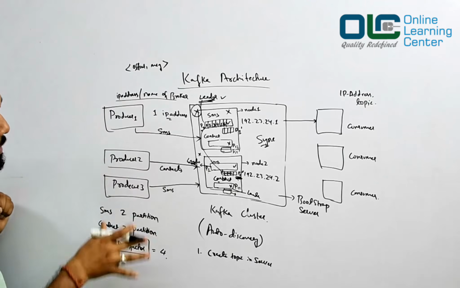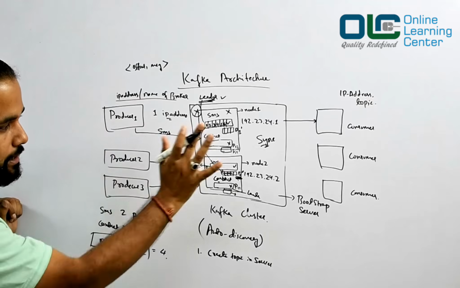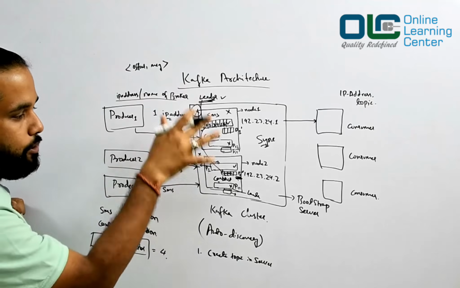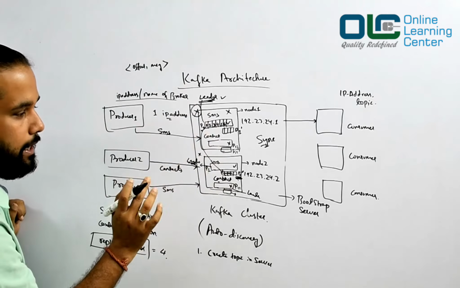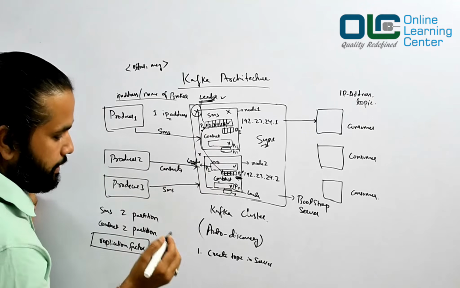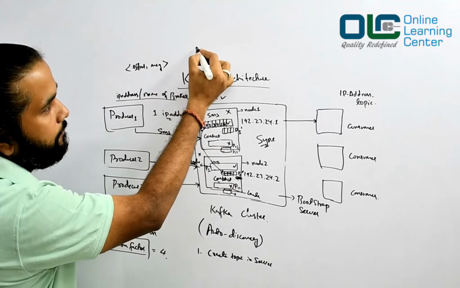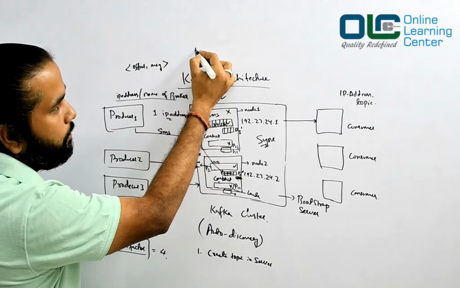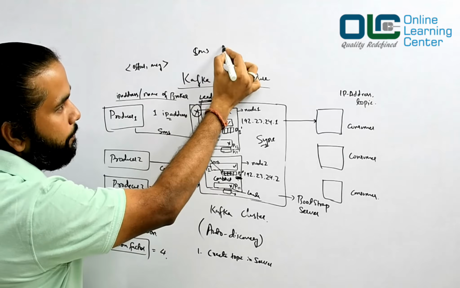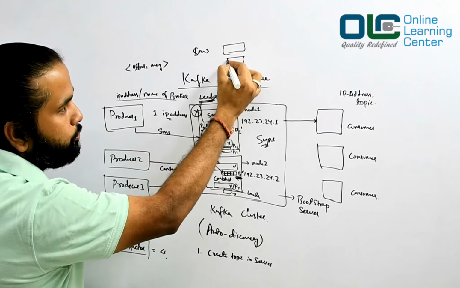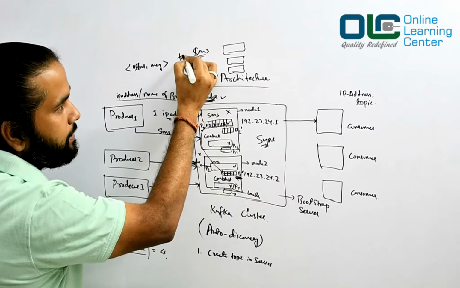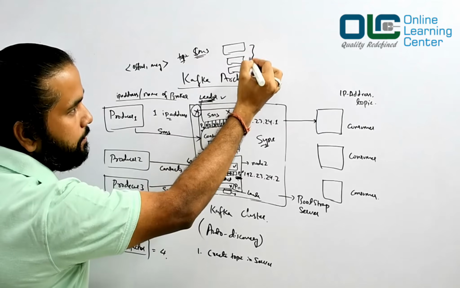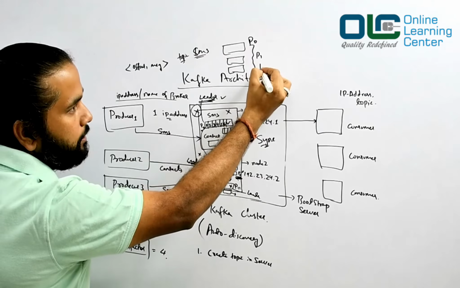So we understood that the producers are producing the data, writing it into a topic. One thing to understand is, suppose I have a topic called SMS with 3 partitions, P0, P1, P2.